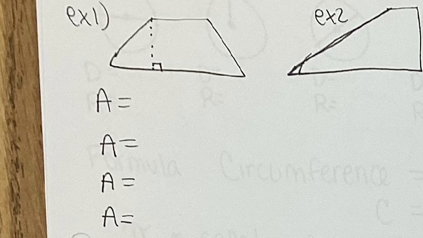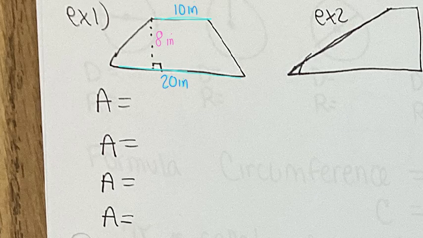Let's say that our height is going to be 8 inches. And let's say that our two base numbers are going to be 10 inches and 20 inches. That's a little bit hard to read. Let's go 10 inches and 20 inches.